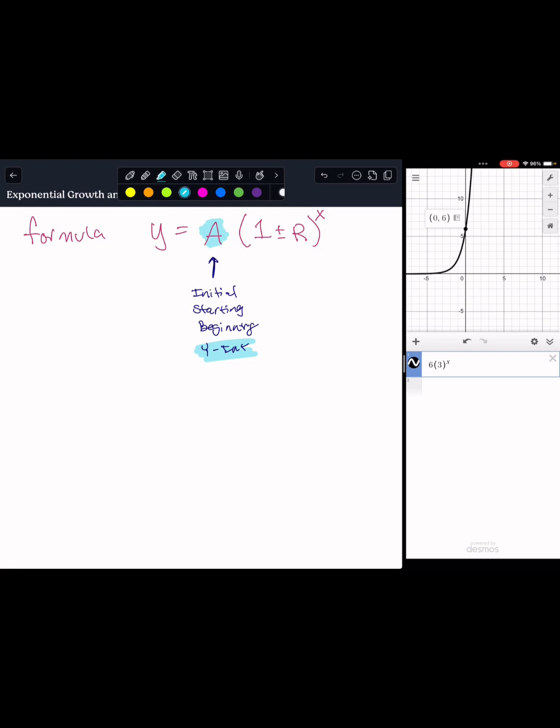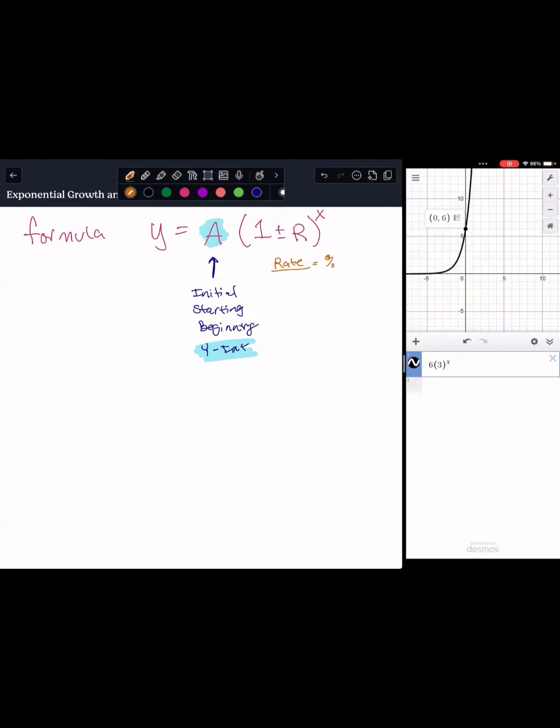Now, the R is your rate. R stands for rate. Your rate is always a percent, and we have to change that percent to a decimal.